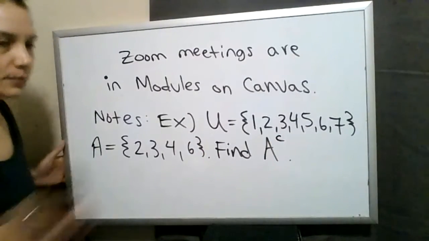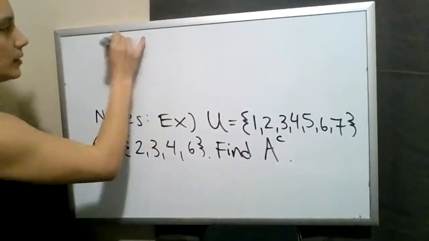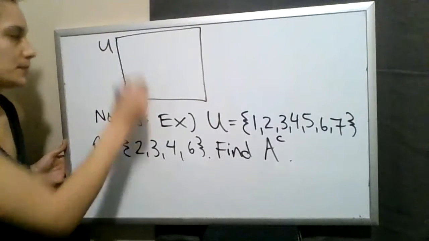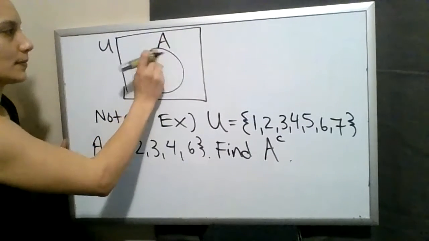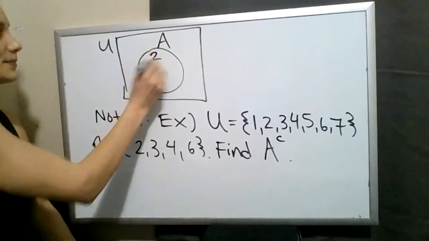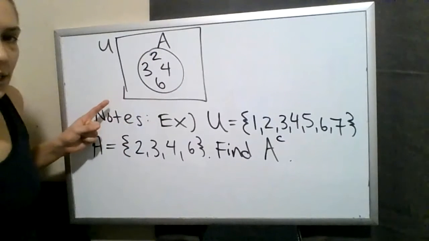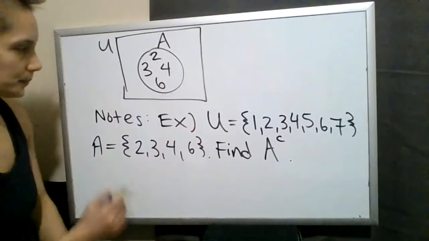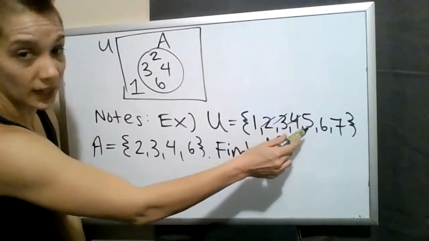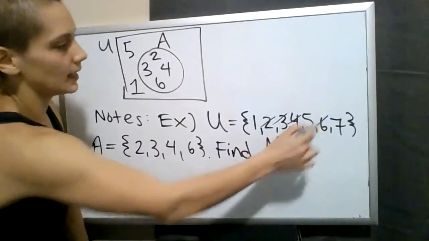I like to draw a Venn diagram, so I'm going for a sketch of the universe. Only one subset, with 2, 3, 4, and 6. Outside of the set, you have 1, not 2, 3, 4, but you need 5. 6 is inside A, but 7 is outside.